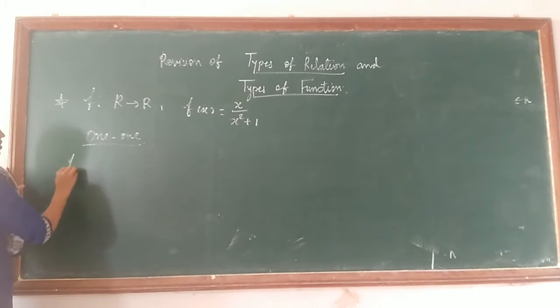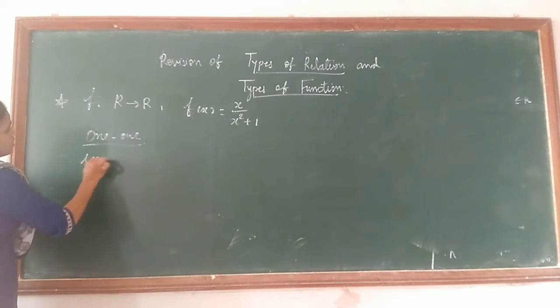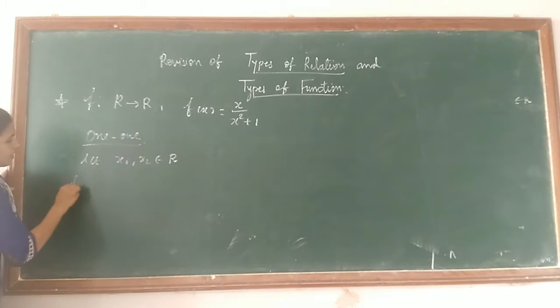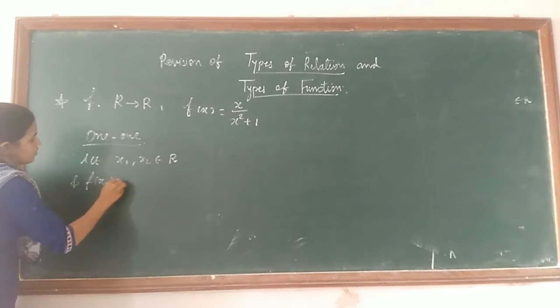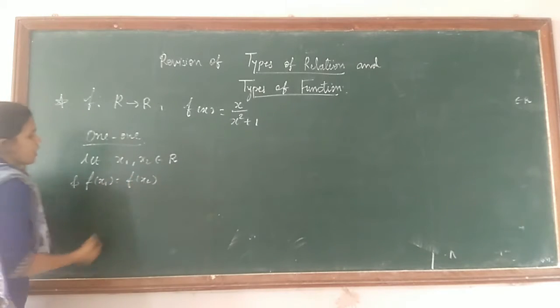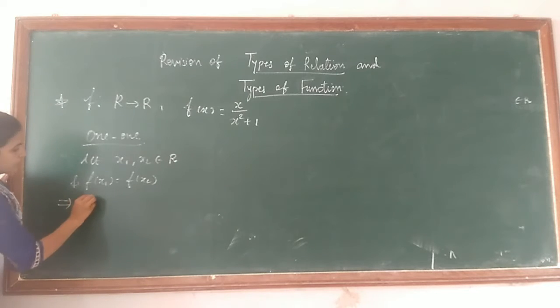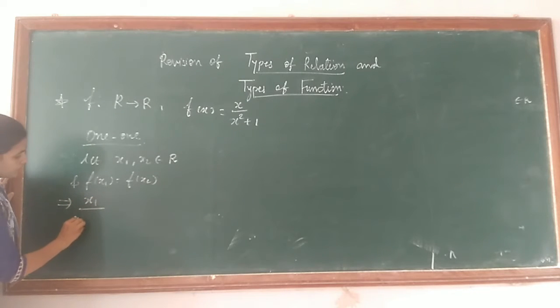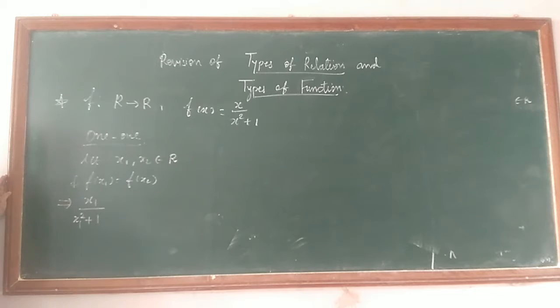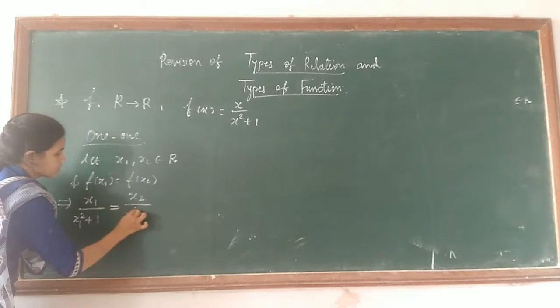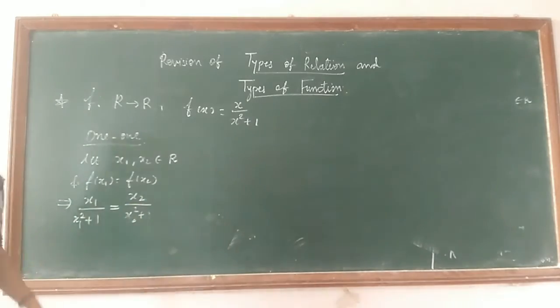So let me take x1 and x2. Let x1, x2 belong to R, and f of x1 is equal to f of x2. If f of x1 is equal to f of x2, that means x1 upon x1 square plus 1 is the same as x2 upon x2 square plus 1.